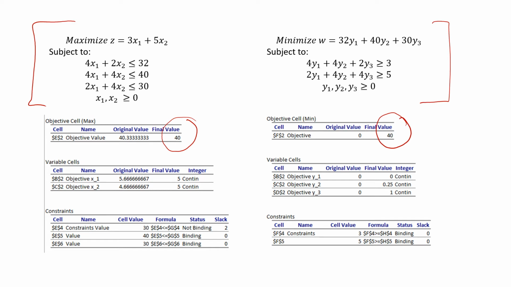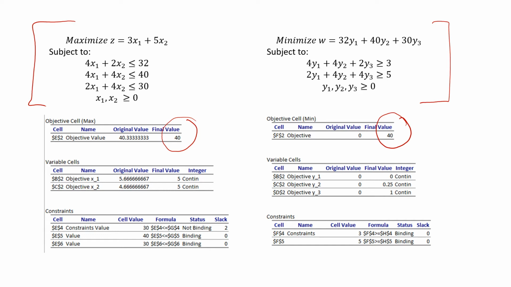The optimal value of our dual is 40. Again, this is emphasizing that one of the main things to know about the primal and the dual is that their optimum values are going to be the same thing. We're going to get into the reasons for that eventually, but for now, just accept that the primal and the dual will have the same optimal value.